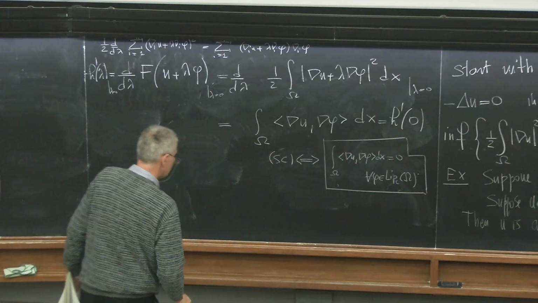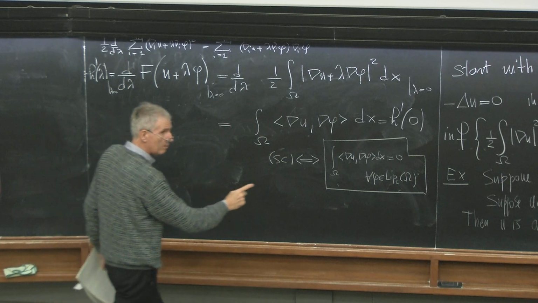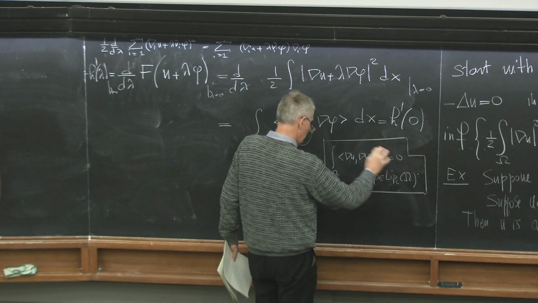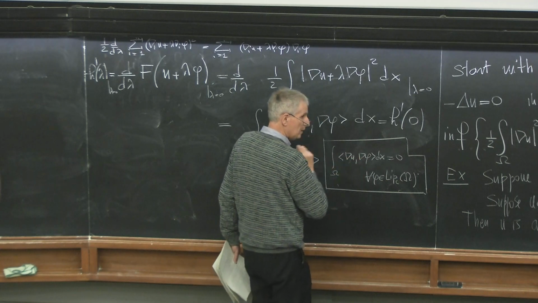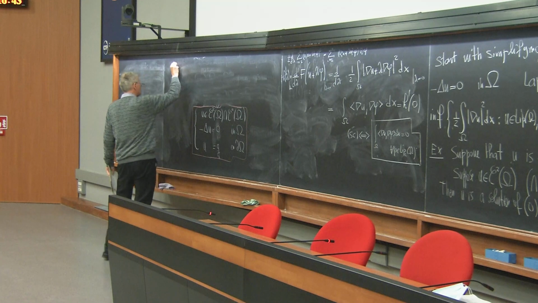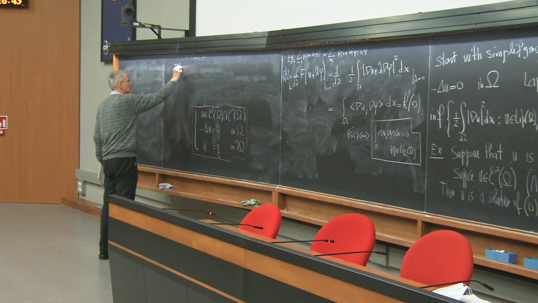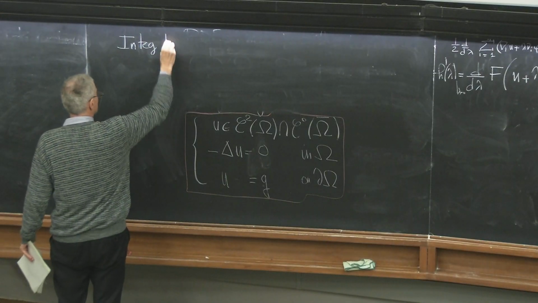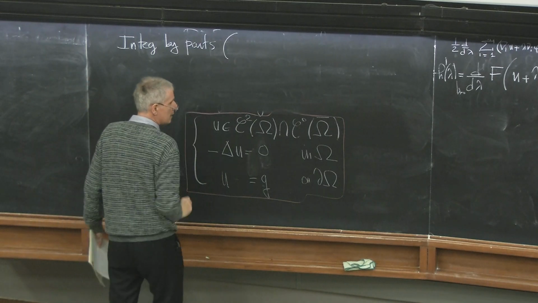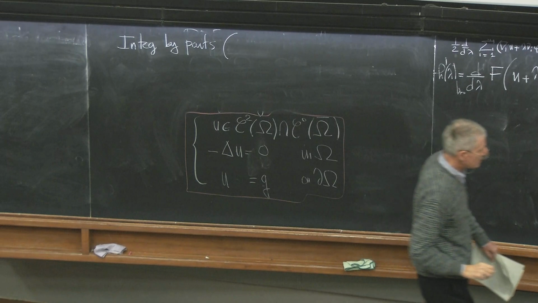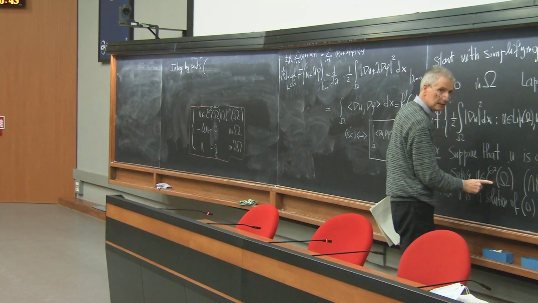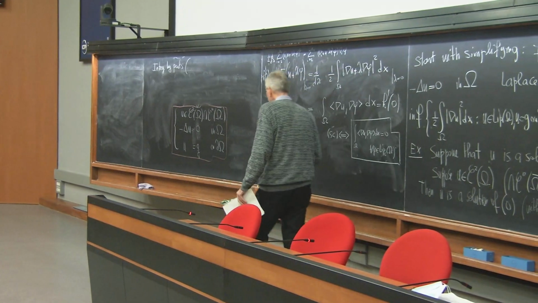And now we can integrate by parts because phi has compact support in omega. Omega is bounded, phi has compact support. We can put the derivative here and get what? So integrating by parts, and recall that by assumption our exercise says that u is also C2 in omega, so I can write classically.